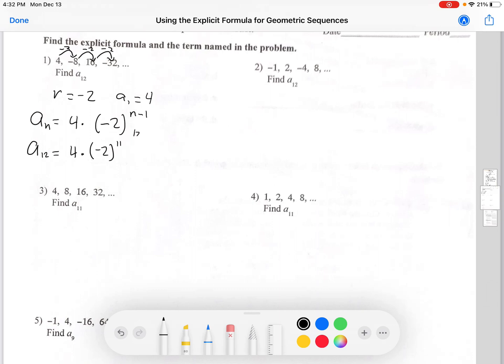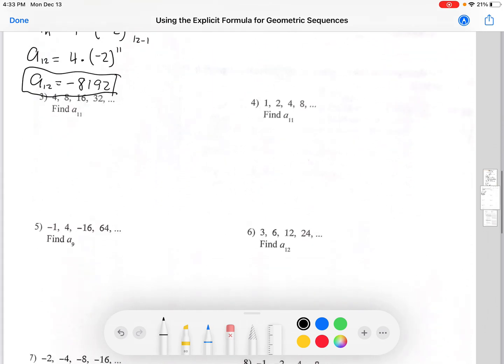I said that 12 minus 1 is going to be 11. Notice I have my parentheses. Please make sure that those are there. Otherwise, you may very well end up with the wrong answer. And it's not worth something as simple as parentheses to keep you from getting the right answer. If you type this into a calculator, you'll end up with A12 is equal to -8,192 for your answer, okay?